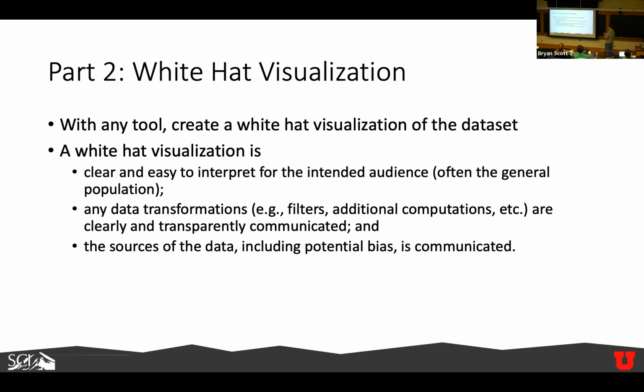That means that it should be clear and easy to interpret for everyone. Anything that you're doing to the data should be well documented within the visualization you're making, or the caption that you're adding to the visualization. And if there is any bias in what you're presenting, it should be somehow noted in the picture that you're generating.